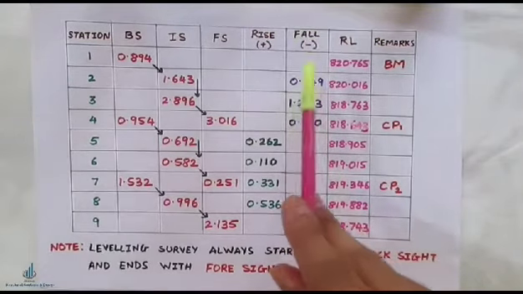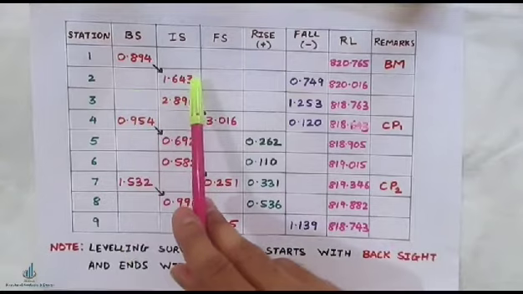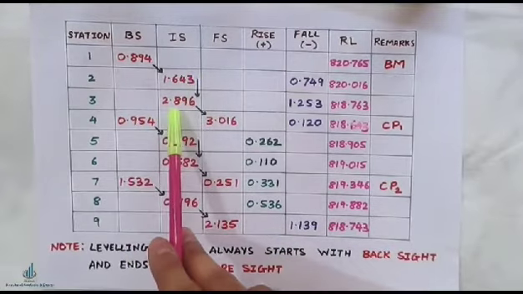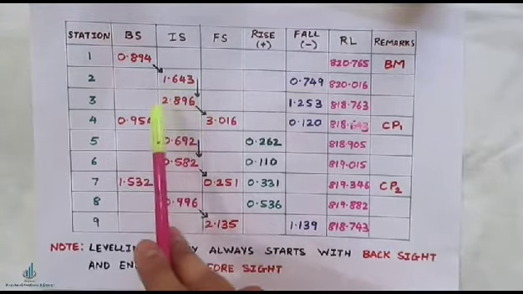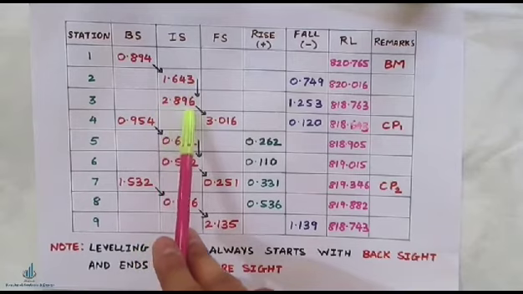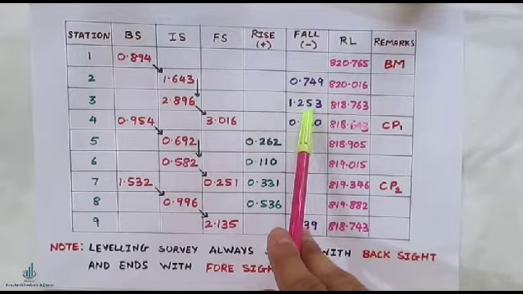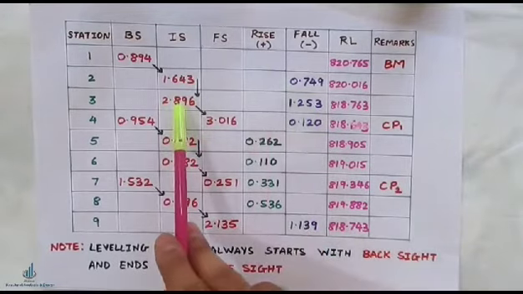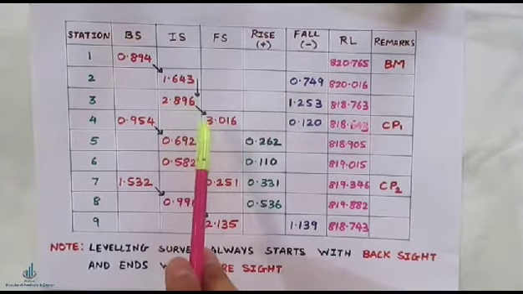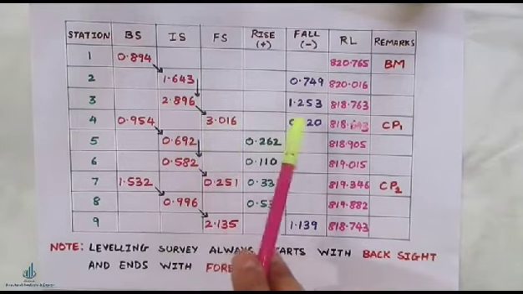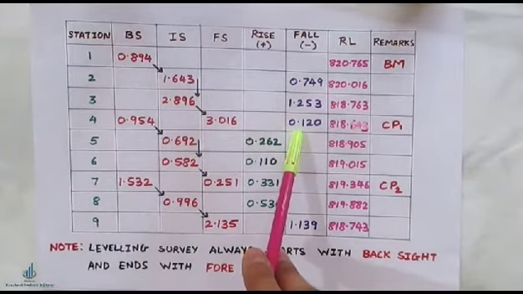value. Next, the next two staff readings you have to subtract, that is 1.643 minus 2.896, which gives minus 1.253, so it comes in the fall column. Next, 2.896 minus 3.016 gives minus 0.120, which will be in the fall column.